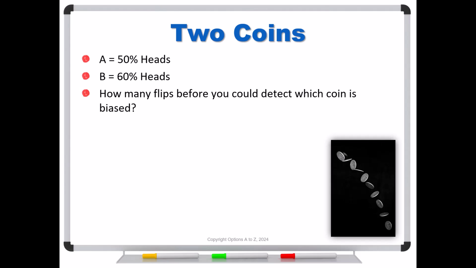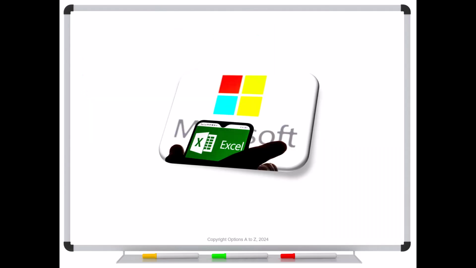How many times would you have to flip before you could say, I know that coin B is the biased coin? Now, again, a lot of people would say, oh, with that big of an edge, wouldn't take long at all. 10 or 20 flips, and you could easily figure out which one is the biased coin. And that's where the misperception lies. How many flips would it take? Well, let's go to an Excel spreadsheet and look at the details.